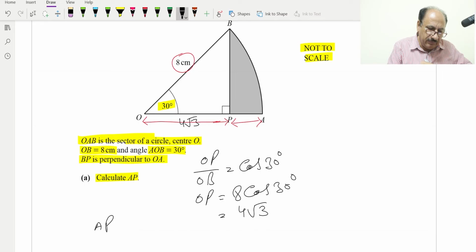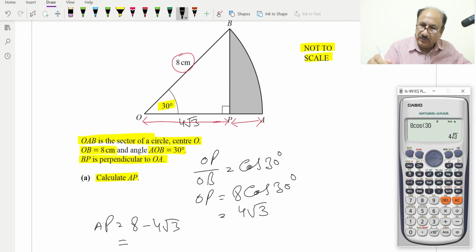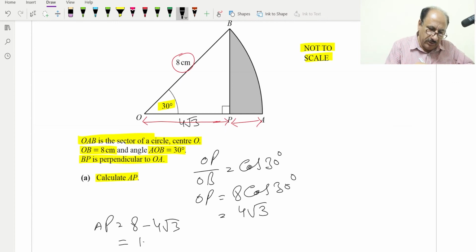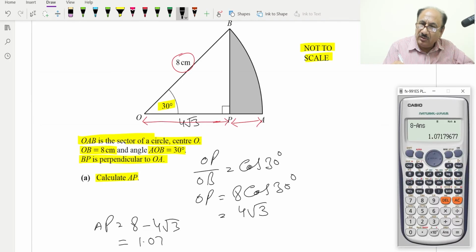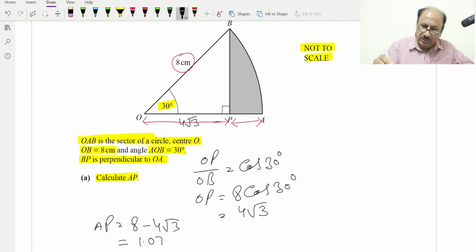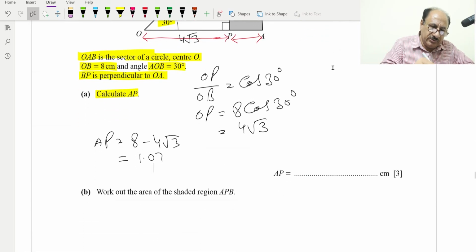So we can write AP is equal to 8 minus 4 under root 3, and this will be equal to what? 8 minus the answer will be equal to 1.07071. So we can round it to 1.07 centimeters.